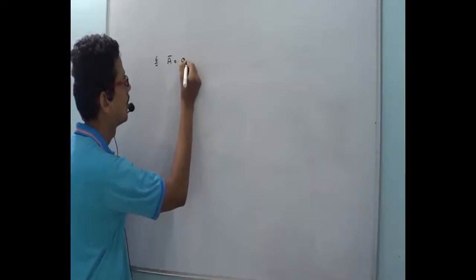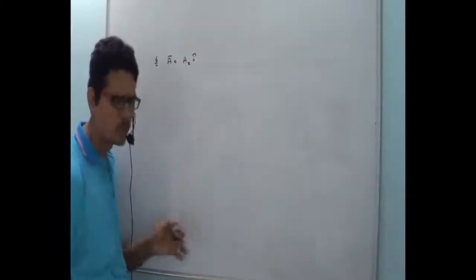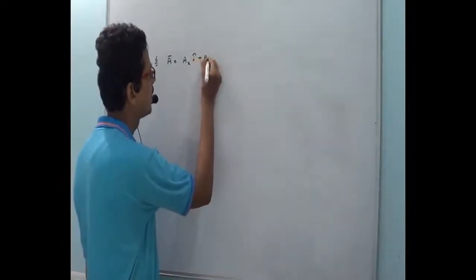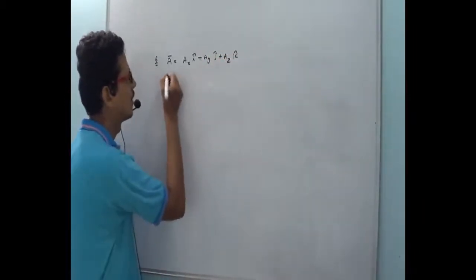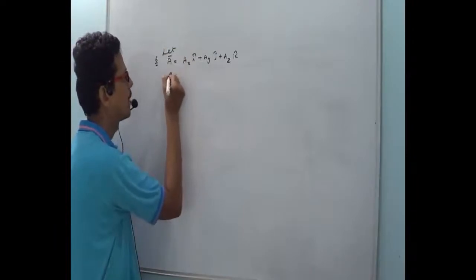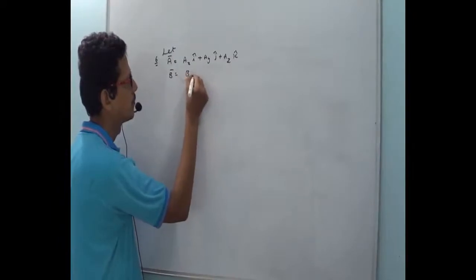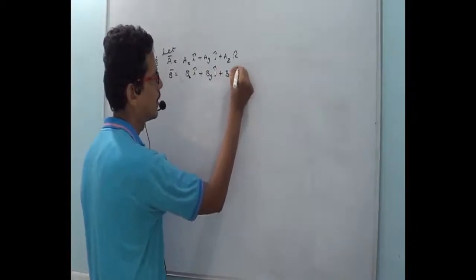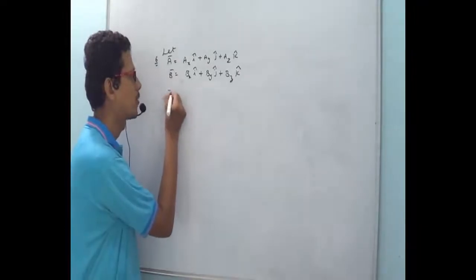A bar in terms of unit vectors is given as AX i cap plus AY j cap plus AZ k cap, and B bar is given like this, BX i cap plus BY j cap plus BZ k cap. Okay, I need the dot product of these two.